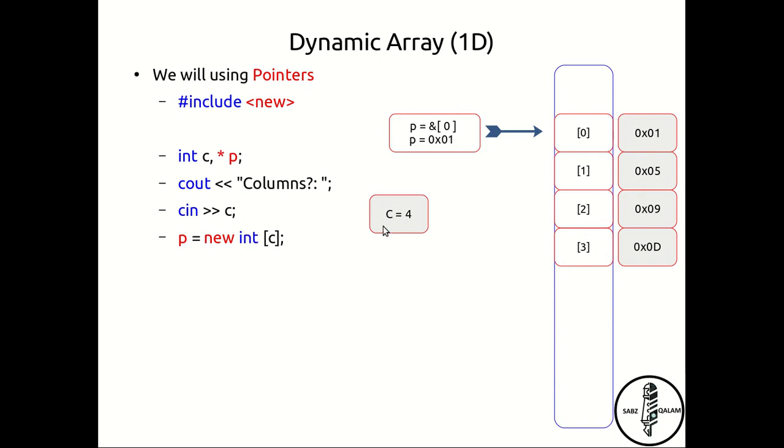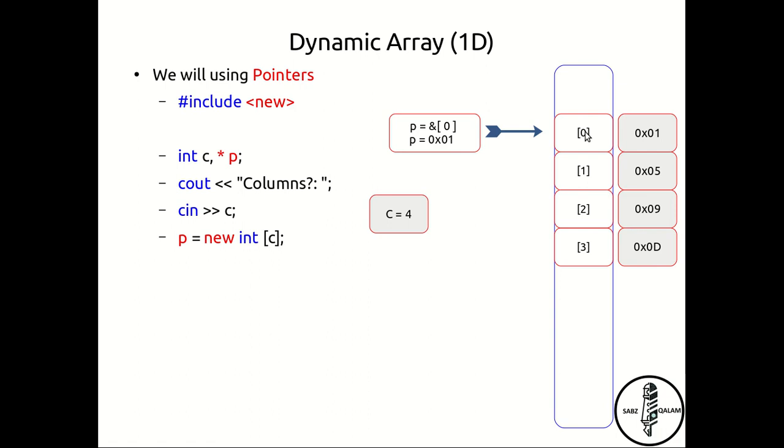Consider this. If C is 4, this is our memory. The memory has been allocated, reserving 4 elements stacked on top of one another of type integer, making this an array of 4 elements. The 0th element's address is assigned to P. So if the address is 0x01, P is now 0x01.